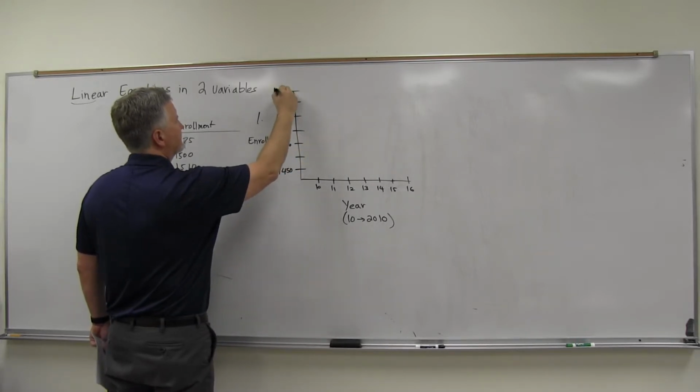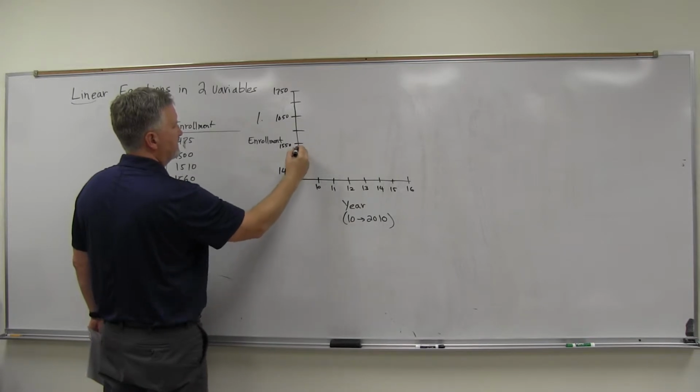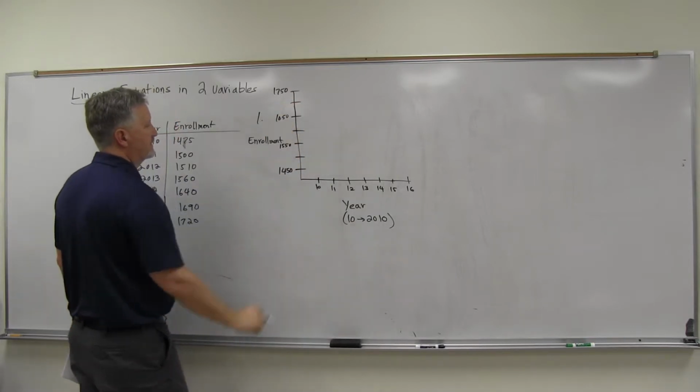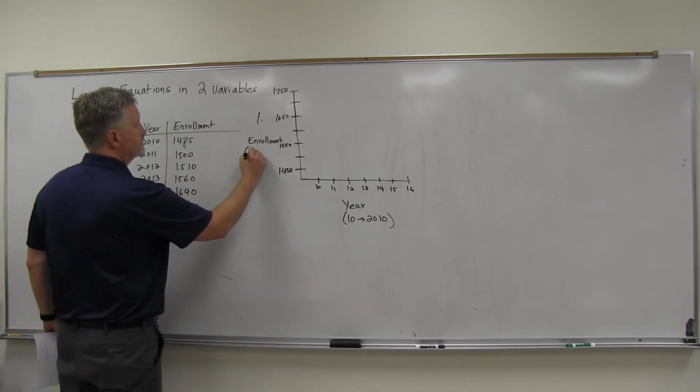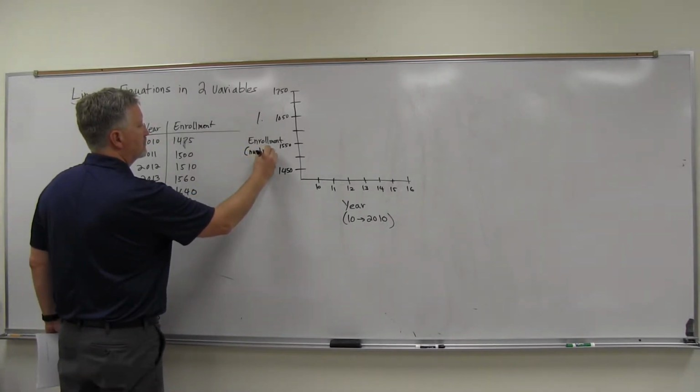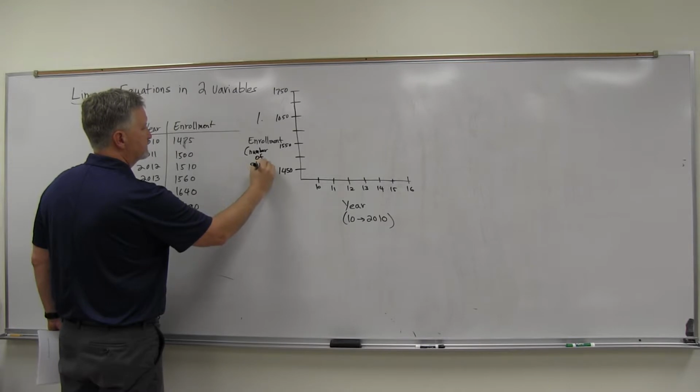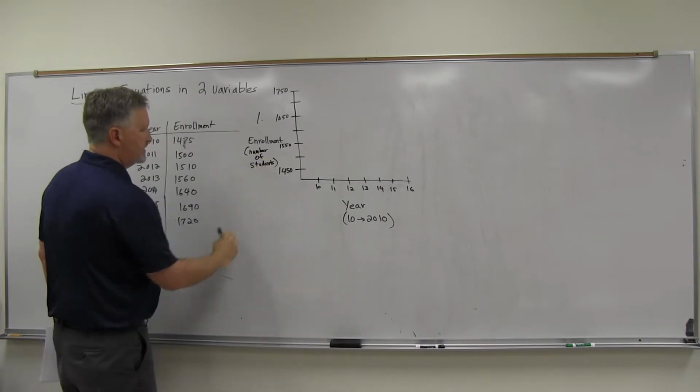One more. All right, 1450, 1500, 1550, 1600. Yours could look somewhat different, but scale it off where you put those numbers on there nicely. All right, so that's enrollment numbers, number of students, Lincoln University. So that's our scatter plot.